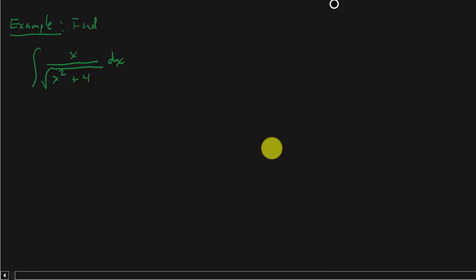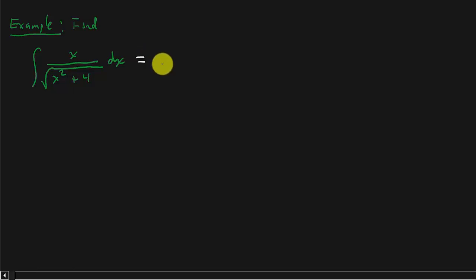We've got the integral of x over x squared plus 4. All right, so what is our substitution going to be? Oh, wait a minute. We can use trigonometric substitution.